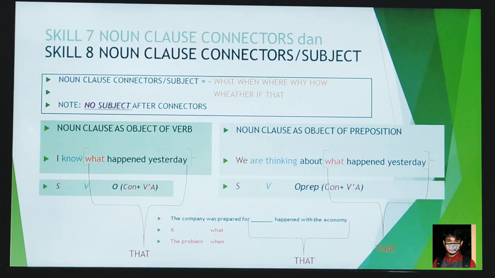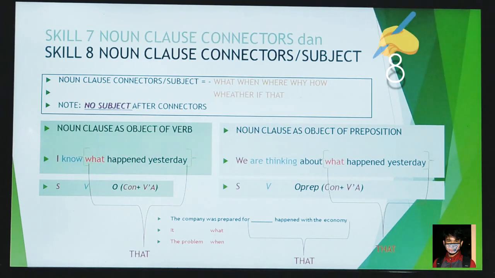So, today we are going to talk about the following skills of TOEFL preparation, skill 8, about noun clause connectors as the subject. If we talk about noun clause connectors as a subject, there must be connectors such as what, when, where, why, how, whether, if, and also that.